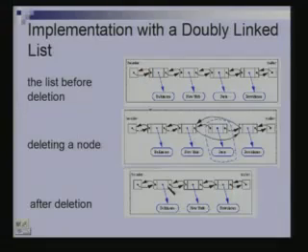Given an object of this data type position, I can only call this method element on that object, and it will tell me what element is sitting at that particular position. If this is not making much sense, think of a position as a reference to a particular node.